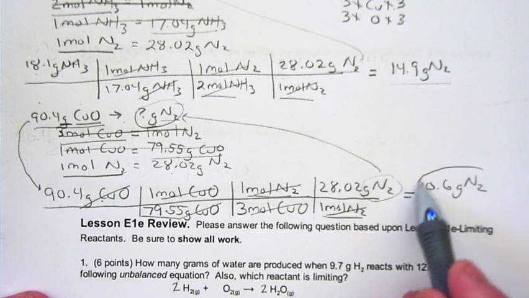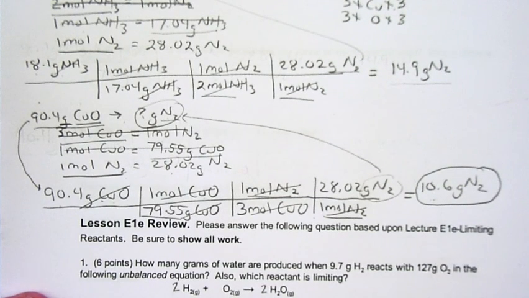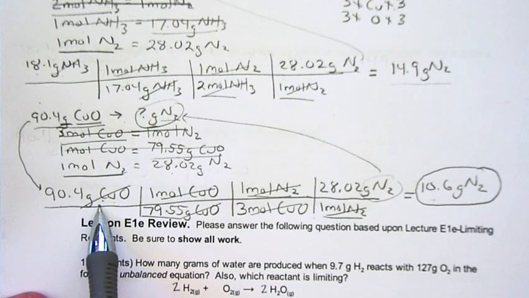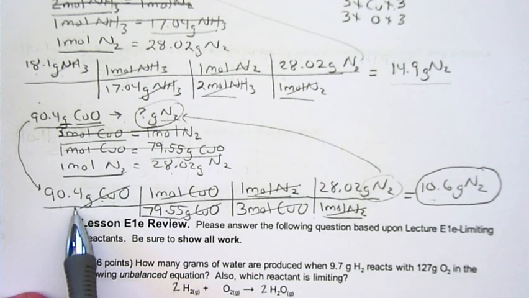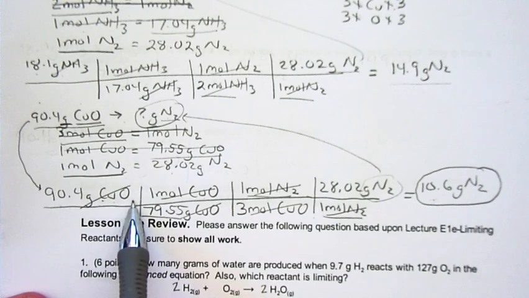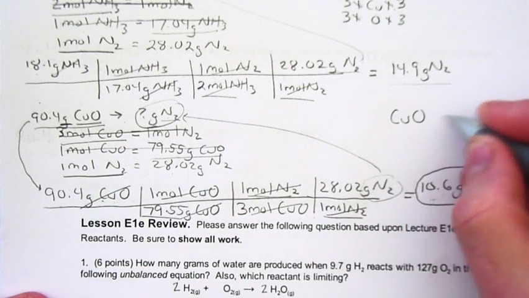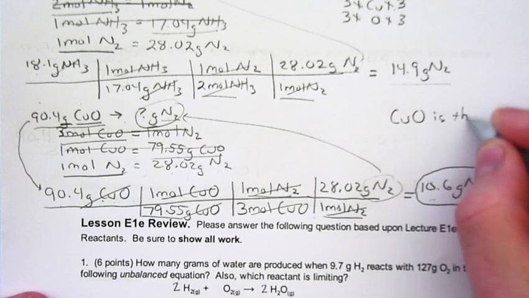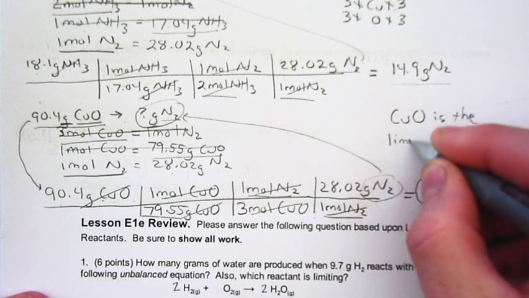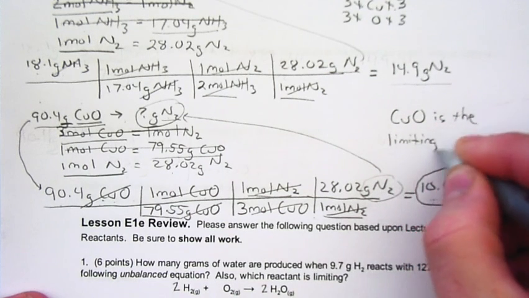So that is how many grams of nitrogen are made. And since the starting point that gave you that amount, the 90.4 grams of copper 2 oxide, that is the limiting reactant. So we would say copper 2 oxide is the limiting reactant.